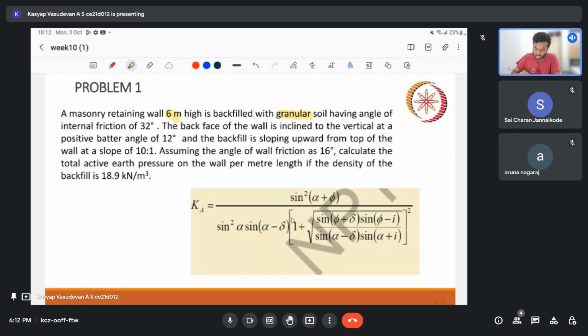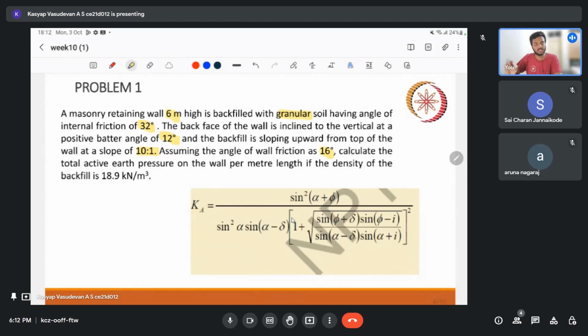So in granular backfill, the angle of friction, the phi value, is given, and the back face of the wall is inclined to the vertical, a positive batter angle. The inclination of the backfill to the horizontal is also given, and the backfill is sloping upward. So our backfill is inclined. And we assume the angle of wall friction, which I called delta earlier.